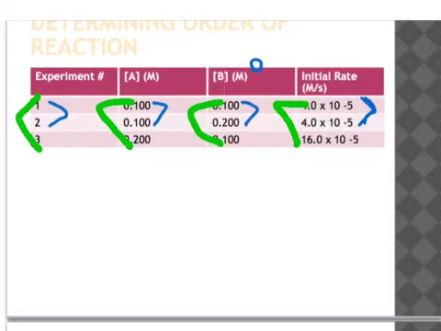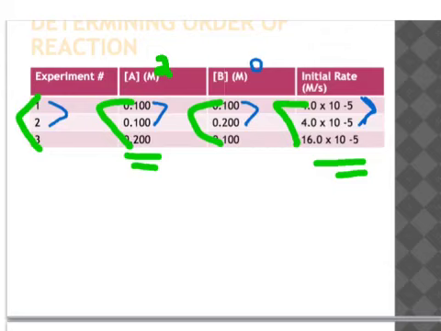And as we double the concentration of A, the rate increases by a factor of 4, or 2 squared. So I would say that with respect to A, we are going to be a second order reactant.